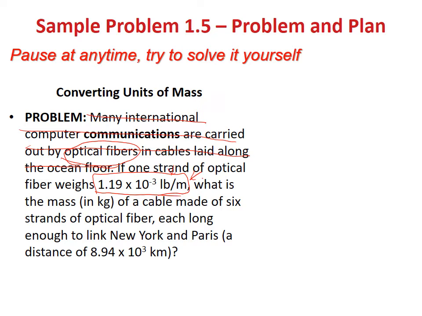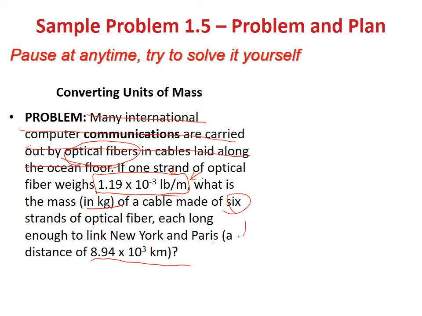So the question is, what is the mass in kilogram of a cable made of 6 strands, each long enough to link New York and Paris, a distance of 8.94 times 10 to the third power kilometer? What is given?